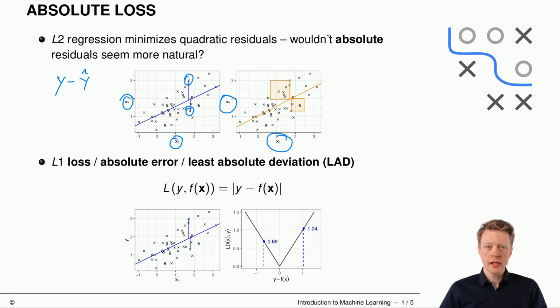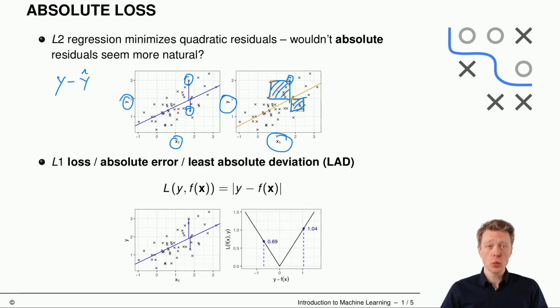And what we do in L2 regression is that we do not only look at this absolute difference, but we take the square of this absolute difference and kind of penalize the model with this value here for this observation, and with this other value here, so the area of the square. This seems a little bit unnatural, and perhaps it would seem more natural to just use the absolute difference here.